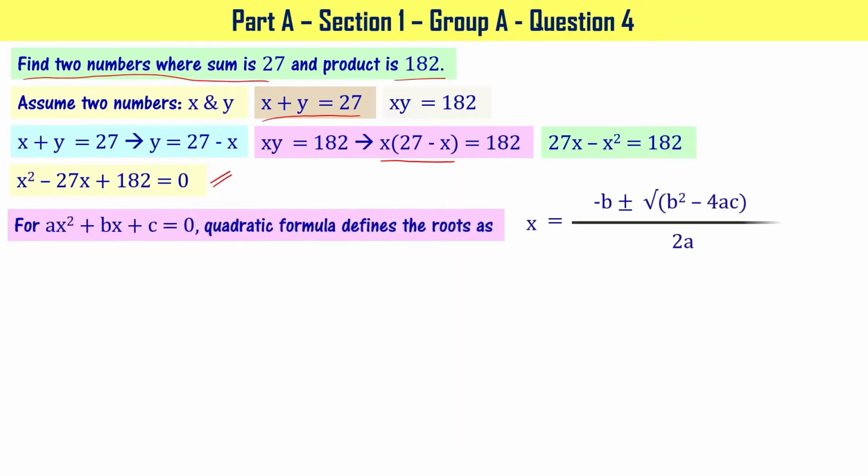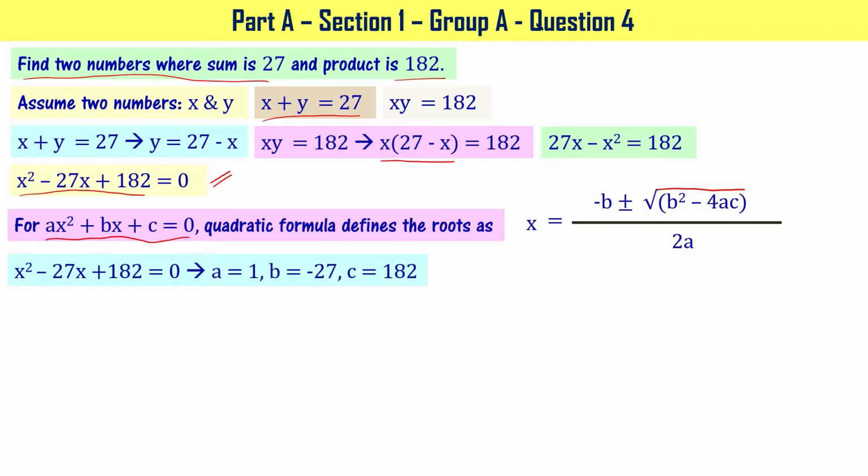We know for ax square plus bx plus c equal to 0, the quadratic formula defines the roots as x equal to minus b plus or minus square root of b square minus 4ac divided by 2a, right? Let's compare the given equation x square minus 27x plus 182 equal to 0 with ax square plus bx plus c equal to 0, so that you can say a equal to 1, b equal to minus 27 and c equal to 182, right?